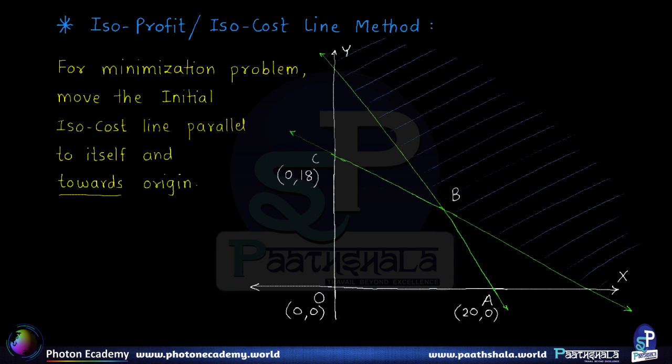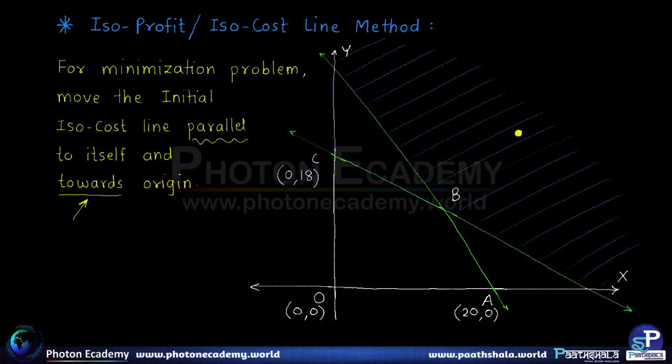As mentioned, for a minimization problem, move the initial isocost line parallel to itself but towards the origin. Let us visualize how it will happen. Here also we take any point as we wish in the feasible region, and then we draw the initial isocost line. Then let us move it parallel to itself and towards the origin.